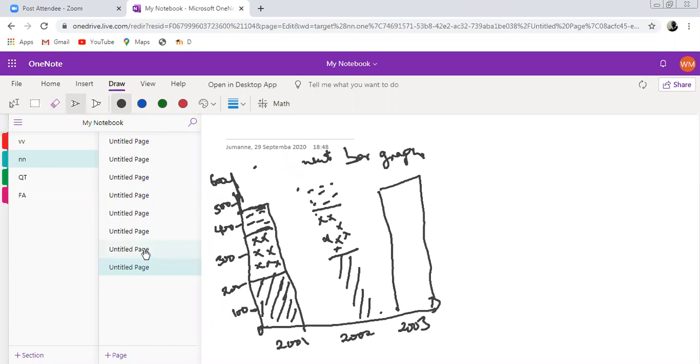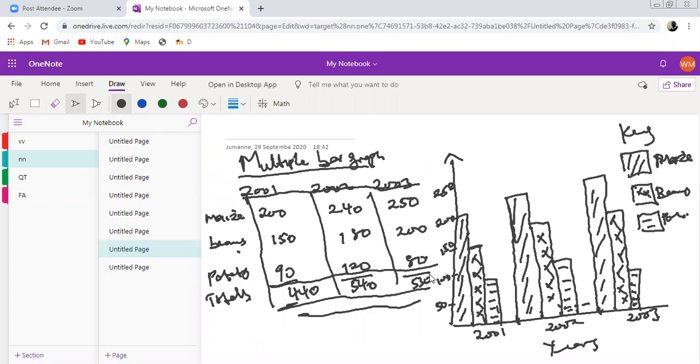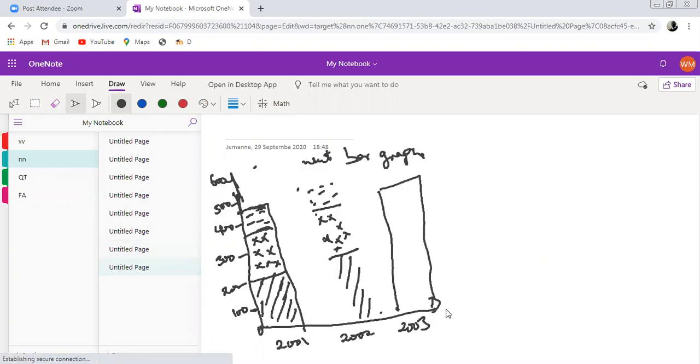The maize was having a proportion of what? 250. So you come here, start from down, where we have 250, mark it, say that is the portion for maize. Then the other one was 200. So if we add 200 to 250, we go up to where we have 450, like that. Mark that as the portion for beans. And the remaining portion there is going to be for potatoes.